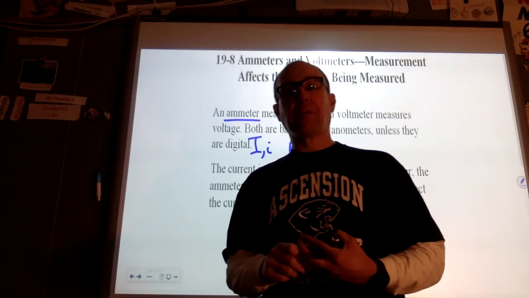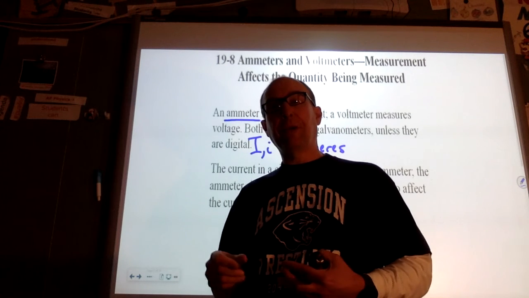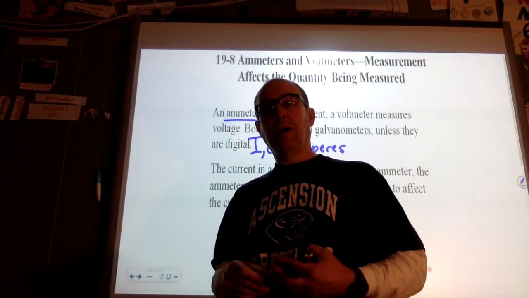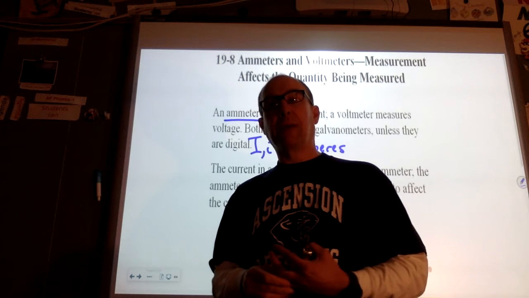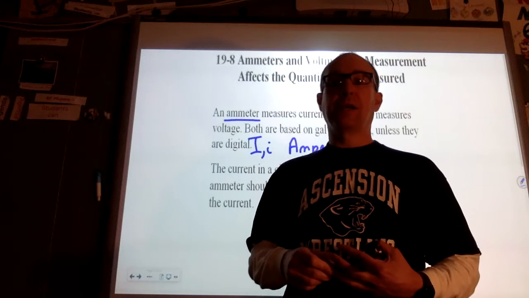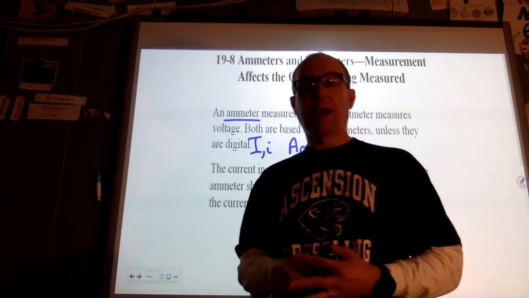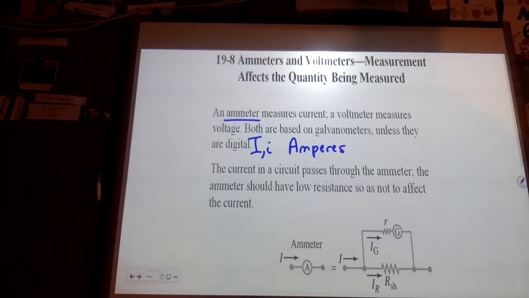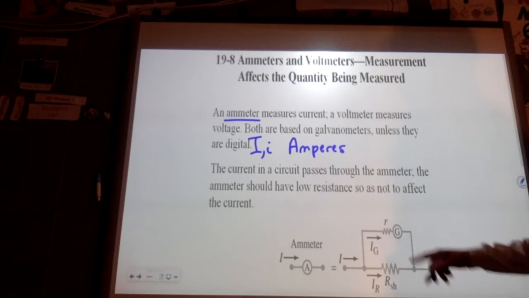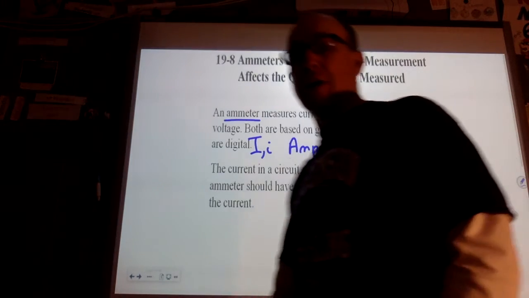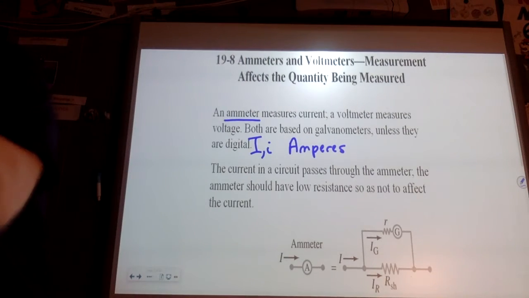You actually have to change the port for it to be an ammeter. And we're not going to do that because it's possible for you to blow the fuse in the meter. So we're just going to do voltage and resistance. And the idea is that the ammeter has to become part of the circuit.